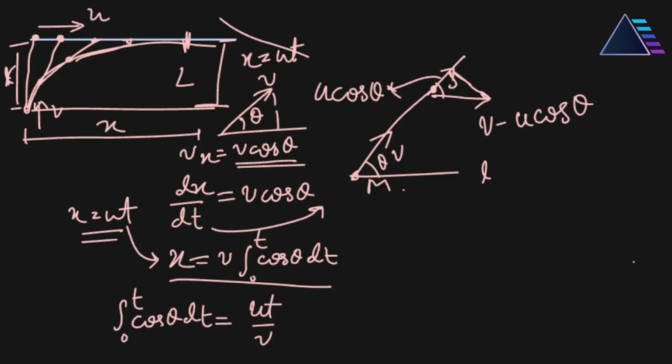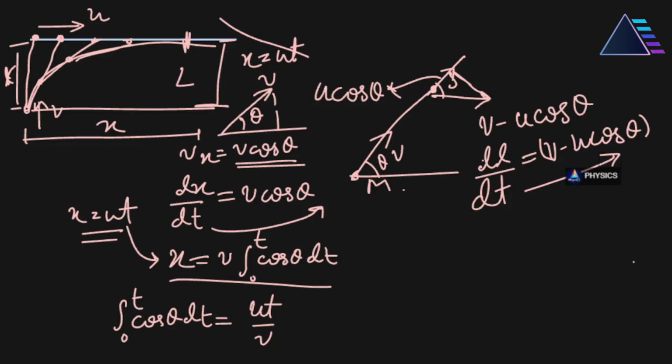Let's suppose that small l is the distance traveled by the missile from its perspective. So with this approaching velocity concept, dl by dt will become v minus u cos theta, right? Yes. So you can integrate again. Take this dt that side and integrate.